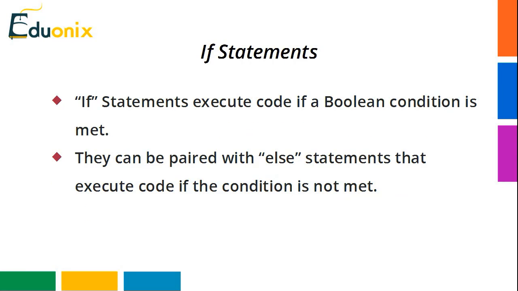I just want to leave loops for the moment and come back to if statements. You'll recall that if statements execute code if a Boolean condition is met, and they can be paired with else statements that execute code if the condition is not met. We've been using if statements for several lessons now, and you should be quite familiar with these.